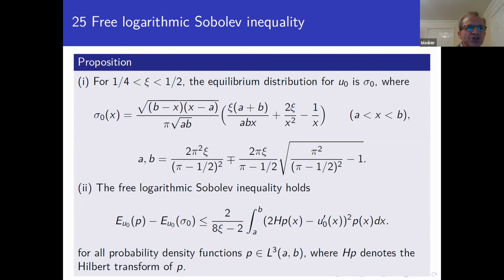And it's important in this result that we've got a potential that's actually convex. So this is why we've introduced this U naught. But given that circumstance, we have an effective way of measuring how close the electrostatic energy is for an arbitrary distribution P in comparison to the minimizer sigma naught. And it's a free logarithmic Sobolev inequality, so it involves a Hilbert transform of the density P.